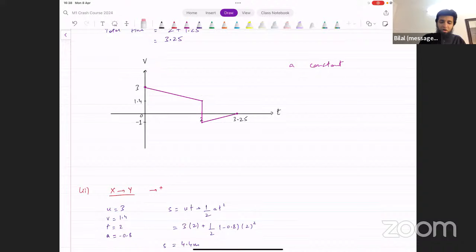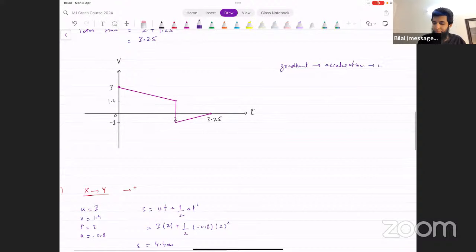For a velocity time graph, the gradient is acceleration, and acceleration in this case was constant. If the gradient is constant, that means it's a straight line, because straight lines have constant gradient.